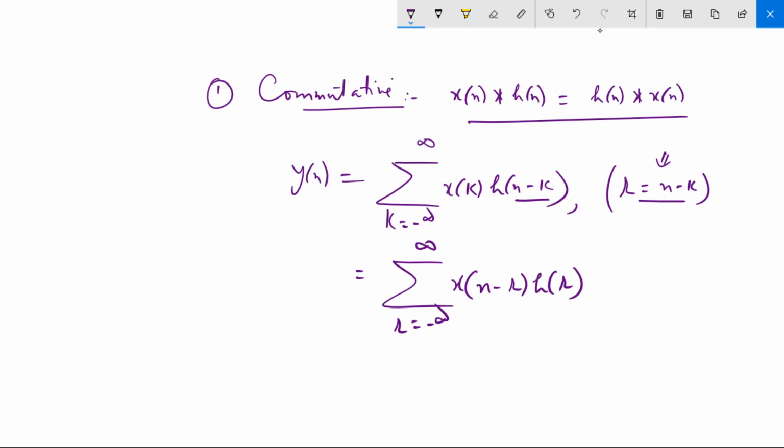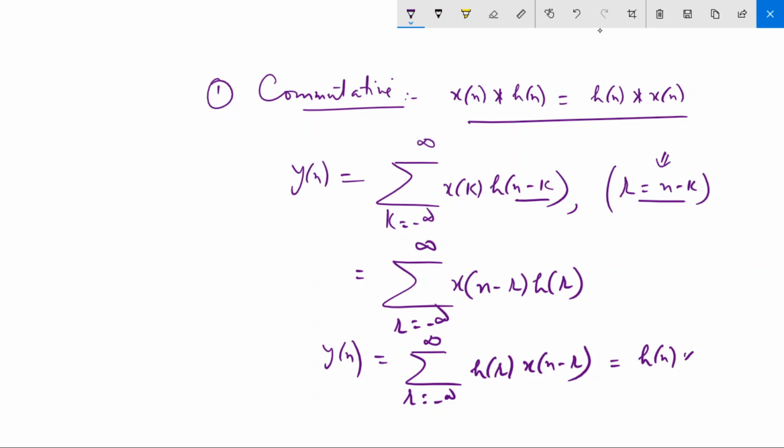Or you can write it as the summation of h[r] x[n minus r] from minus to plus infinity. Okay, so this is nothing but h[n] convolved with x[n].